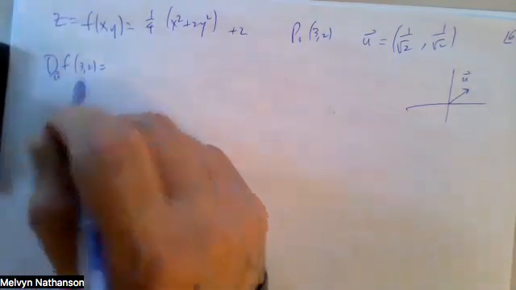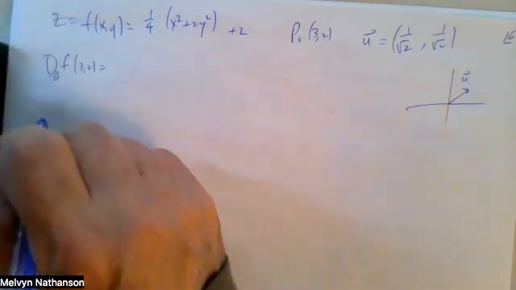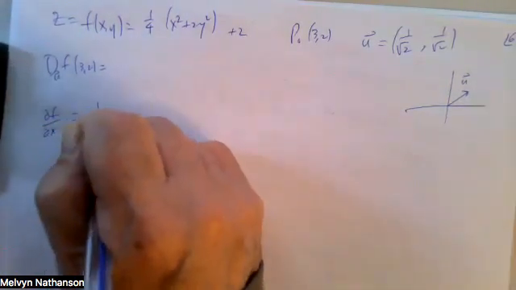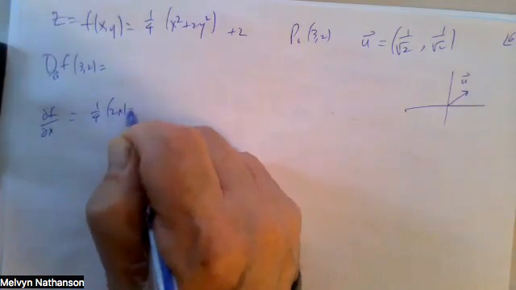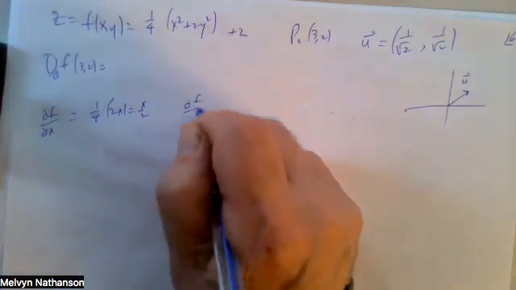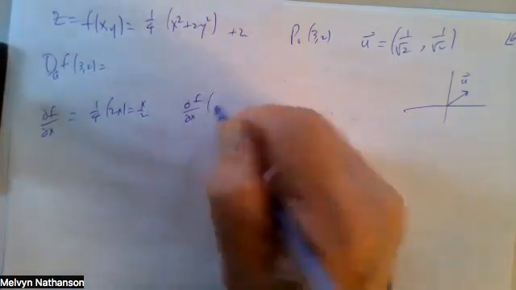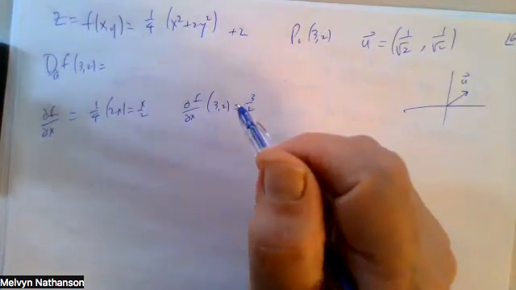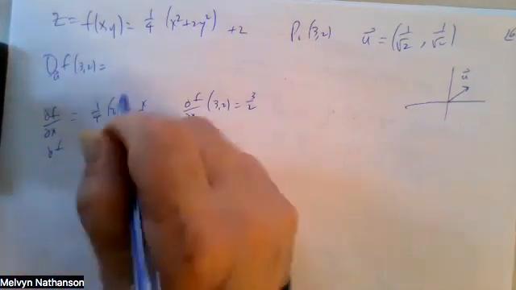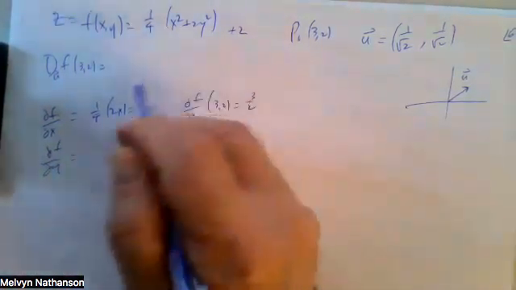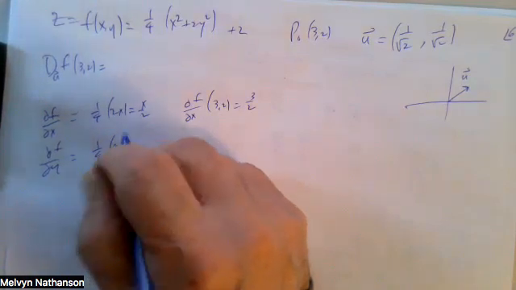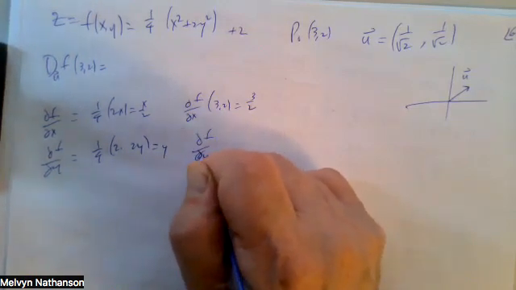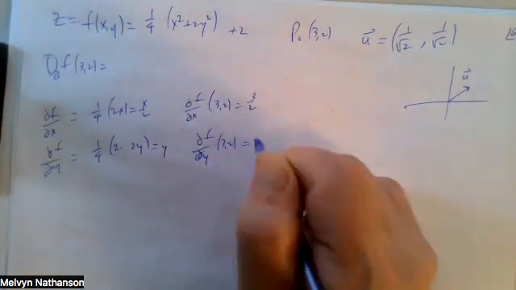So I have to compute the partial derivatives. The partial derivative of f with respect to x is 1/4 times 2x, or x over 2. So the partial derivative of f with respect to x at the point (3, 2) is 3/2. The partial derivative of f with respect to y is 1/4 times 2 times 2y, which is y. So the partial derivative of f with respect to y at the point (3, 2) is 2.